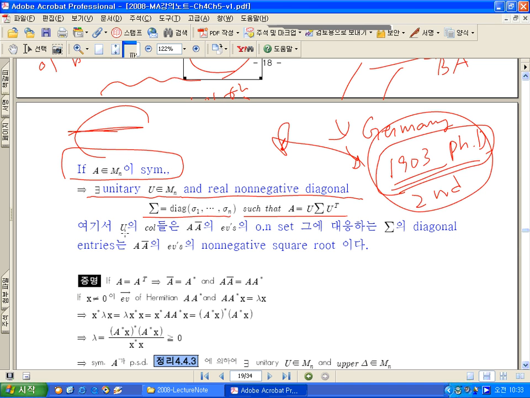Here, the columns of U are the eigenvectors of A conjugate A, and the columns of U form an orthonormal set of eigenvectors of A conjugate A. Okay.